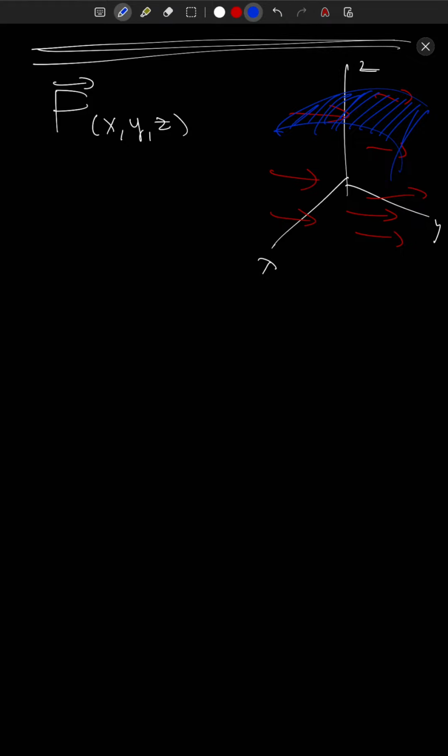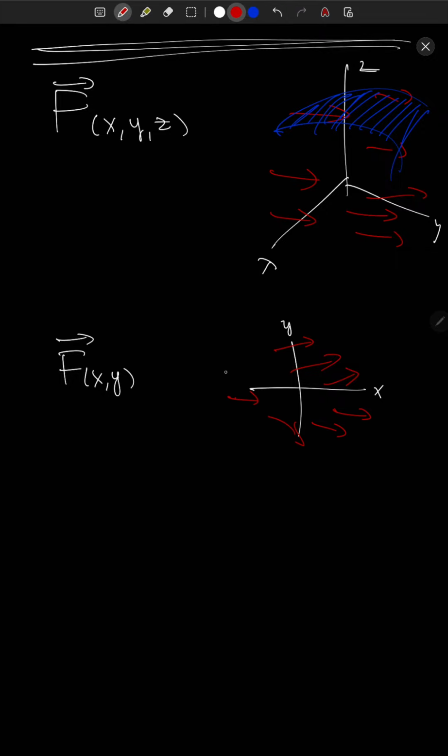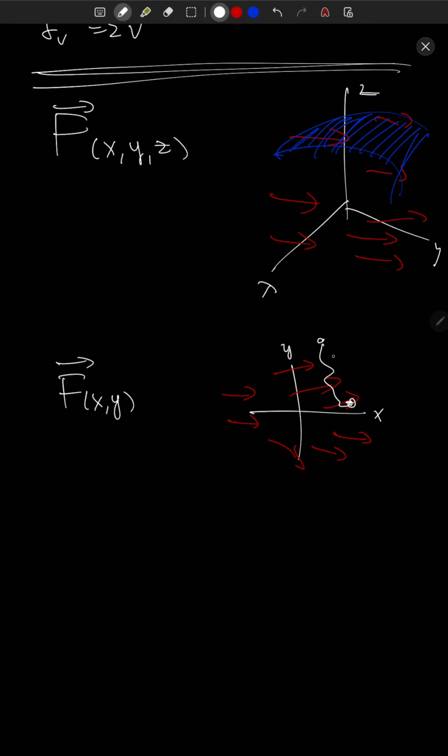We've talked about how vector fields behave relative to curves in the plane. For example, when we talked about flux, we had a vector field in terms of just x and y, and maybe a curve like this. We talked about the interaction between this curve and the vector field.